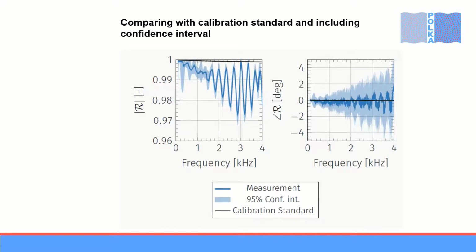So this result is fairly okay. But for the amplitude of the reflection coefficient, there's still some kind of extra losses or so which are not yet accounted for, because the blue curves are basically all below the calibration standard curve.